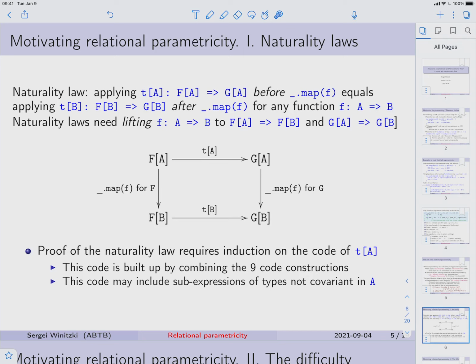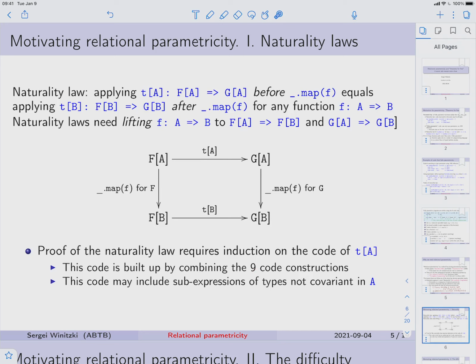So the proof of naturality law we would like to understand. We need to take the code of this natural transformation and take it apart and perform induction in the proof. We can do this because the code is guaranteed to be made up of 9 code constructions.